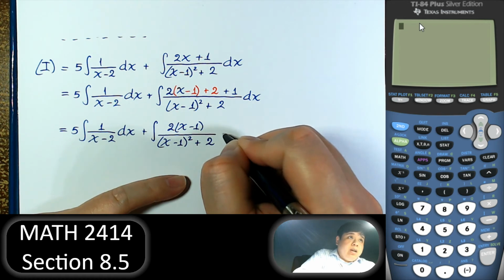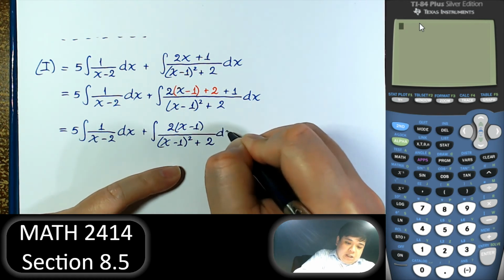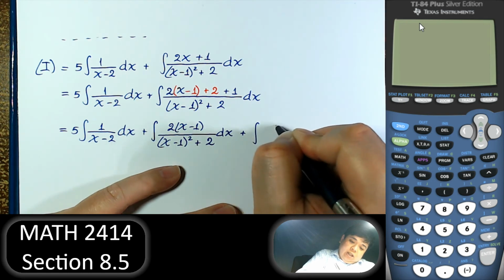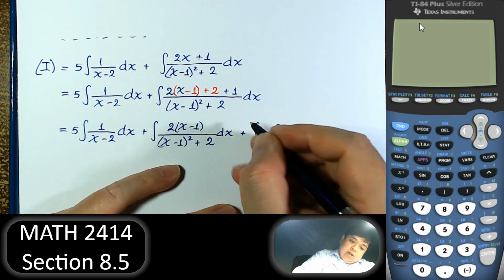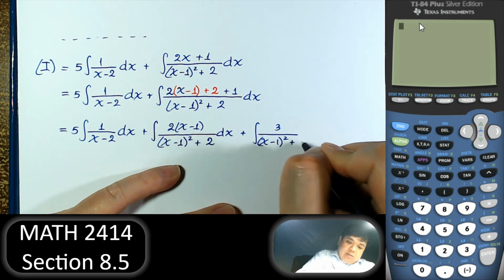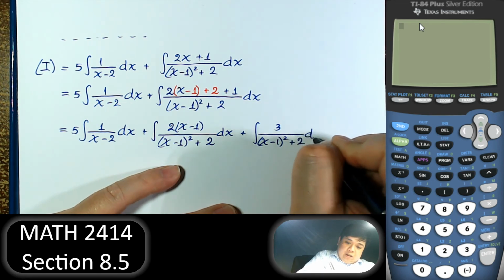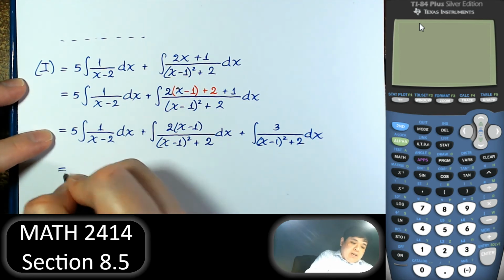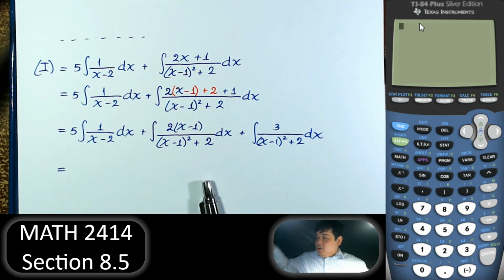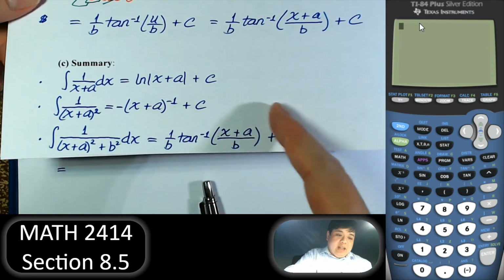And then dx, and then we have 3 over x minus 1 squared plus 2 dx. Now this one's easy. We have those formulas that summarize into here.